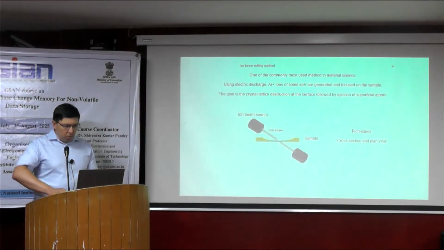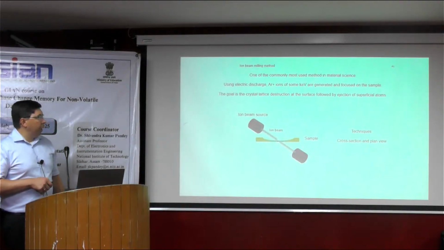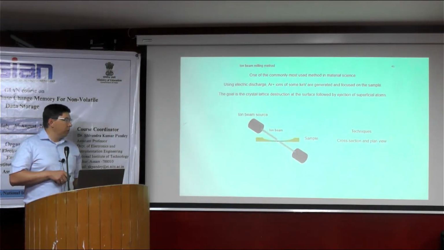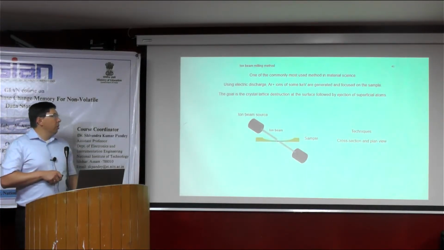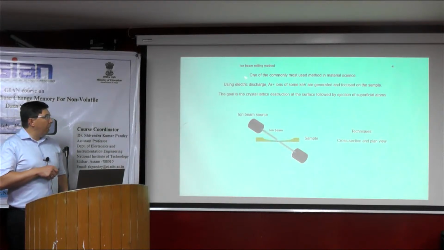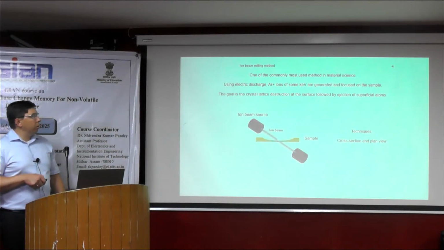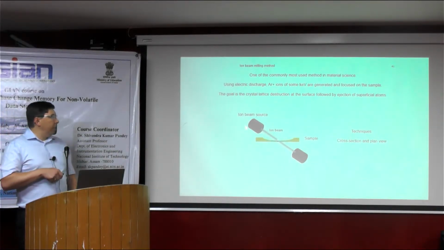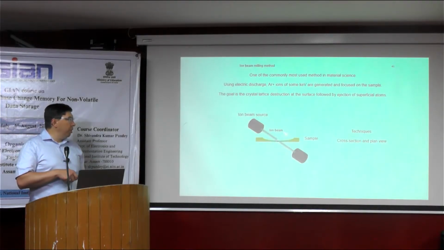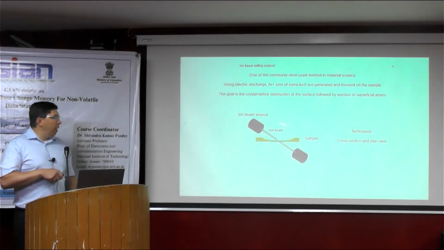So let's first look at the idea of how it works. This is ion beam milling, a commonly used method in material science, based on the use of an ion beam for milling of your specimen.